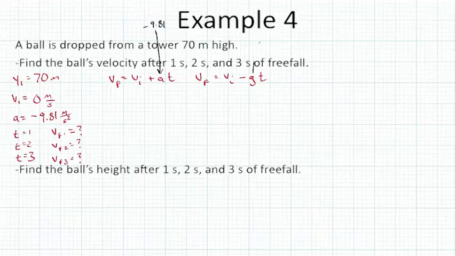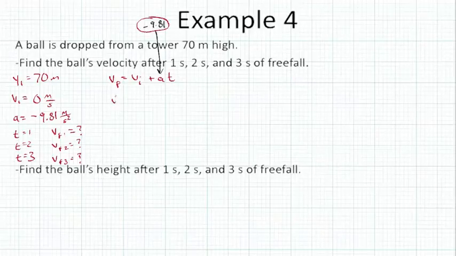When you put in your value for G right here, since you already put the negative out front, you would simply put 9.81 in for the G there. But I'm going to use the first one. You can write it either way, but I'm going to simply write it as VF equals VI plus AT, and substitute in the whole value of our acceleration, including the negative, in for A.